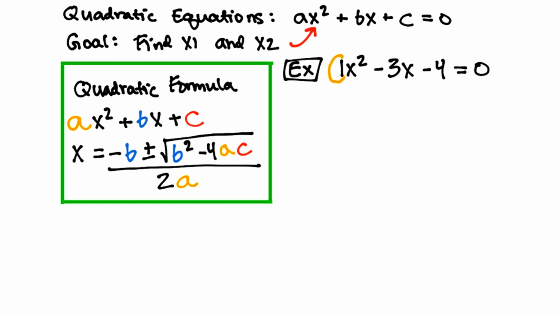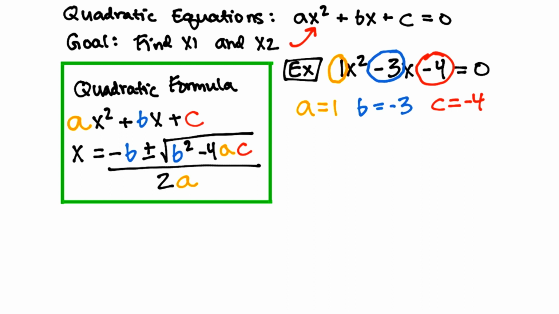The first thing we want to do is identify a, b, and c. a is the coefficient in front of the x squared. b is the coefficient in front of the x, and you need to include the minus sign. And c is the remaining constant.